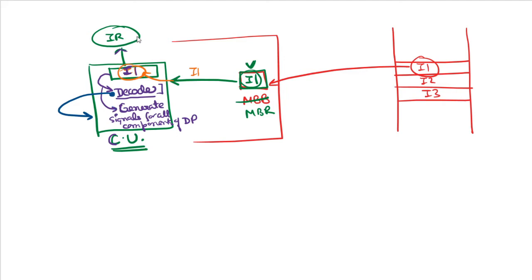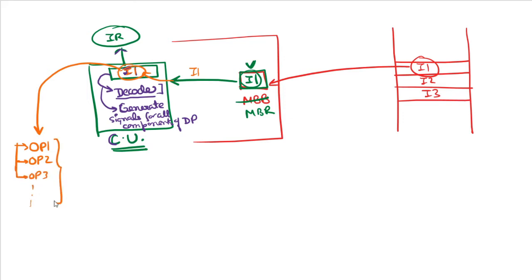So we discussed that each instruction, for example, I1 here, is nothing but a sequence of operations, right? OP1, OP2, OP3 and so on. So in order to perform this sequence of operations, control unit will generate the signals for all the components that will perform these operations.